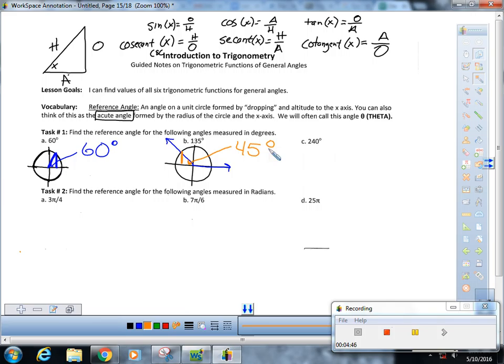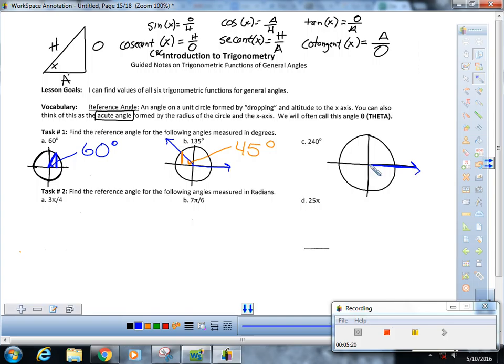Okay? So 240 degrees. We'll do the same process. Okay? Which quadrant? The third. So here's our initial side. 240. Well, how many more than 180 is that?